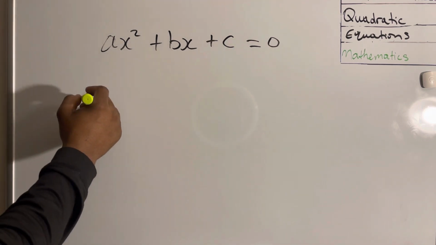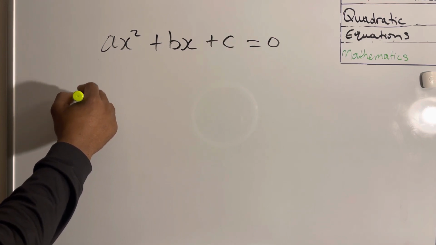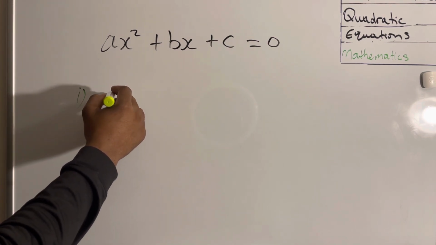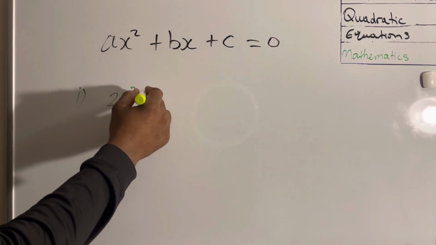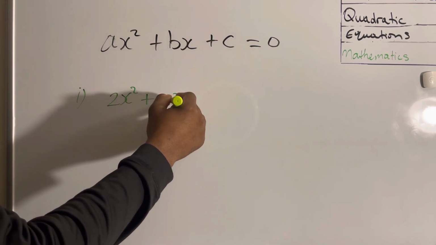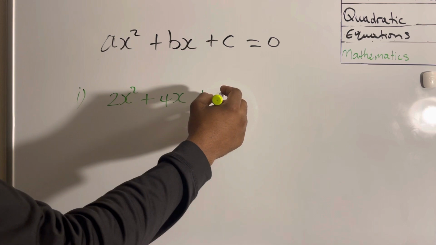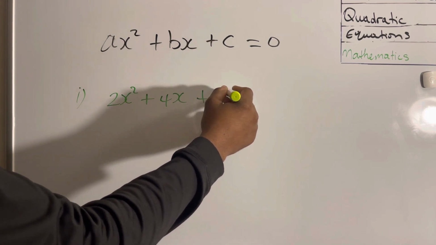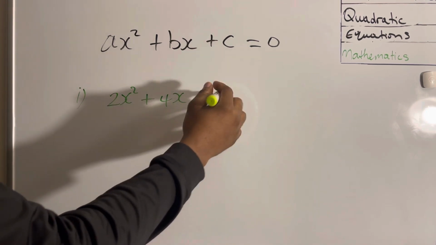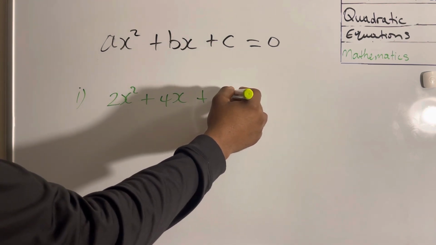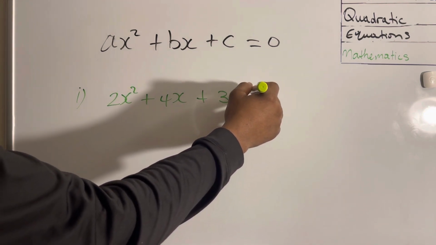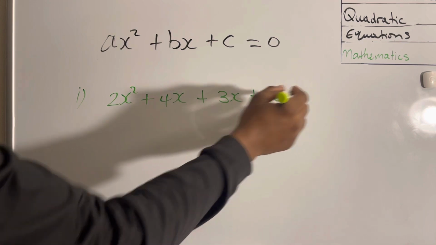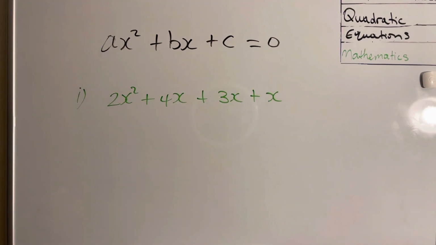Take for example, you have 2x squared plus 4x plus 3x plus x, and you are to factorize this expression that we have on the board.